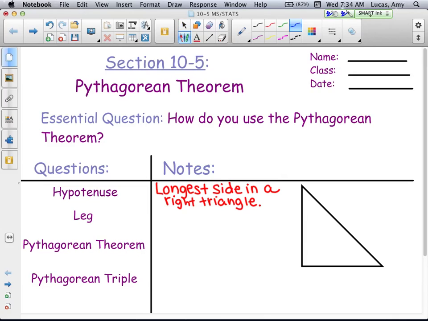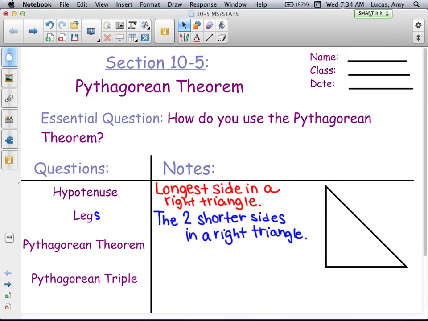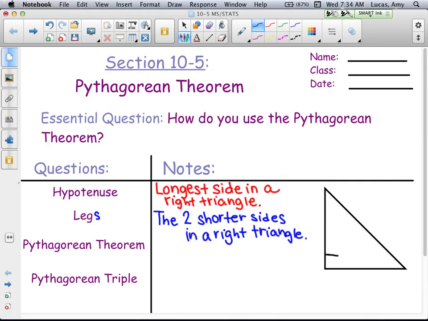Leg, or legs, the legs, are the other 2 sides. So they're the 2 shorter sides in a right triangle. In relationship to the right angle, so if I move my triangle over a little bit, and I draw in my right angle in the corner, the hypotenuse is opposite.